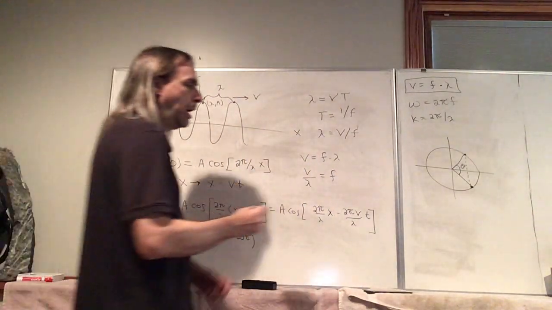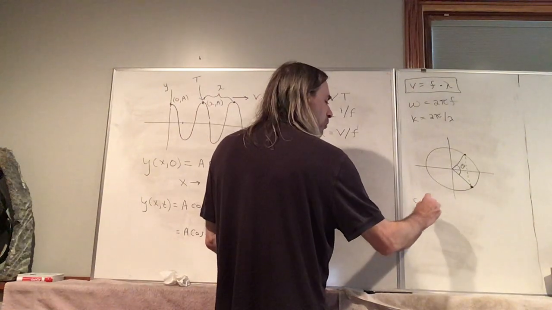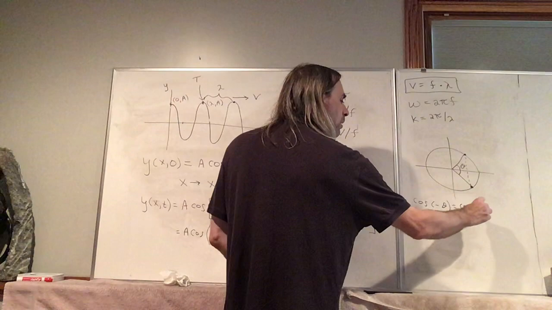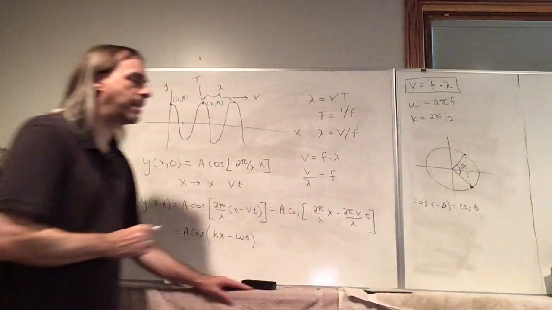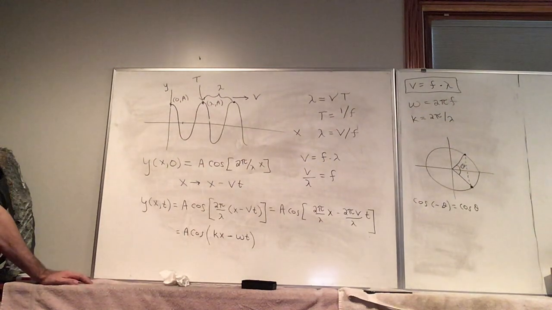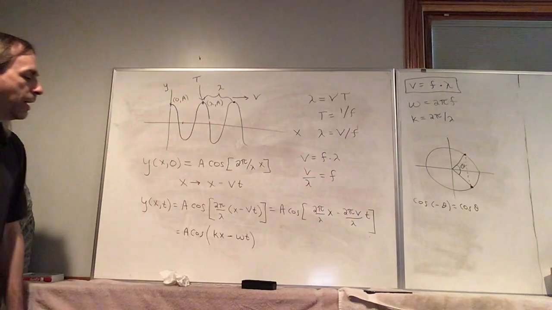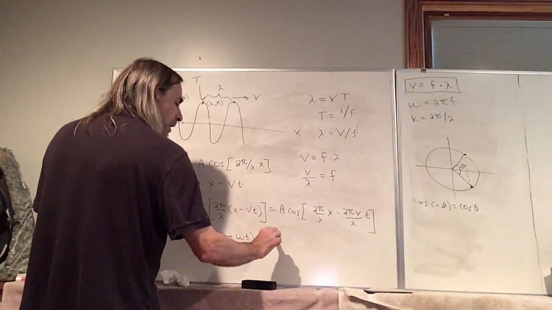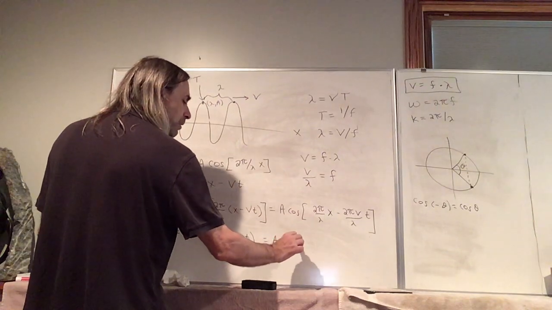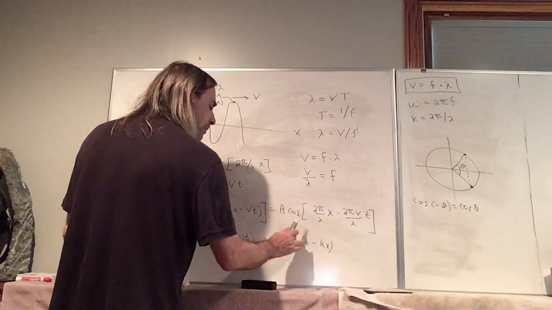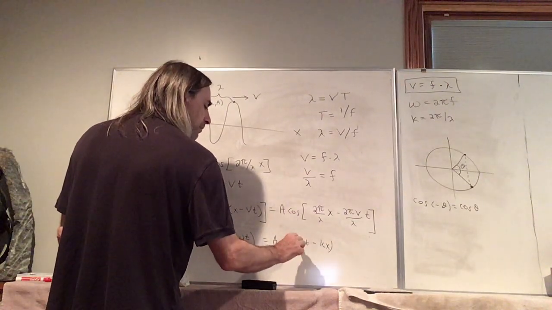Not exactly a mathematical proof, but good enough. Cosine of minus theta is equal to cosine of theta. And so we can just multiply this by -1 and reverse the direction if we like. So we could also write it as a cosine of omega t minus kx. You can write it whichever way you like.